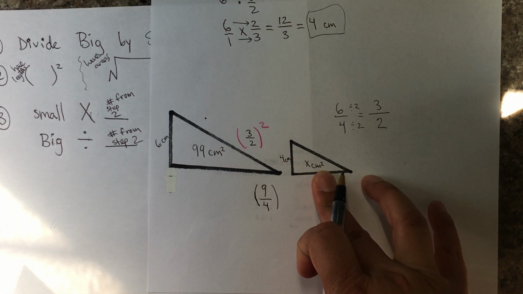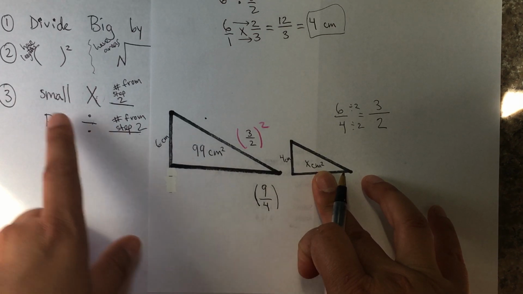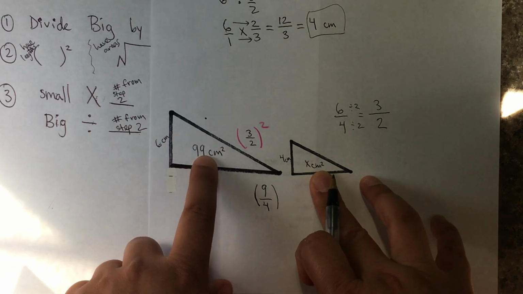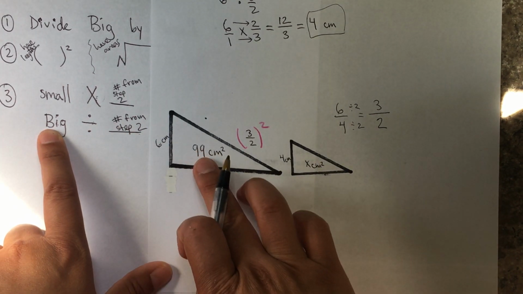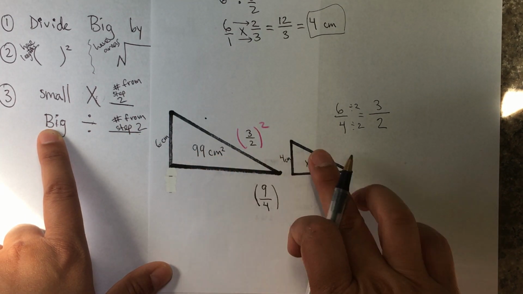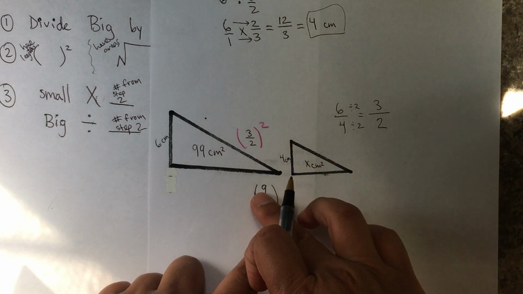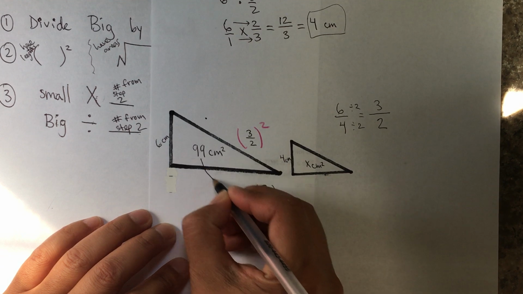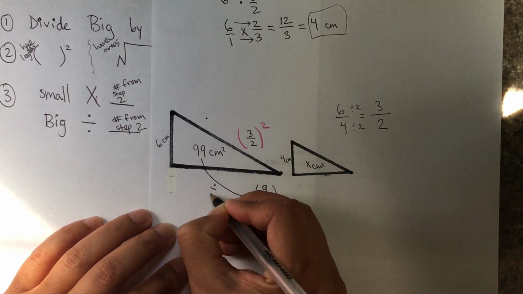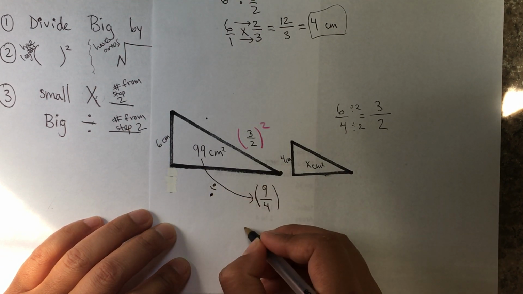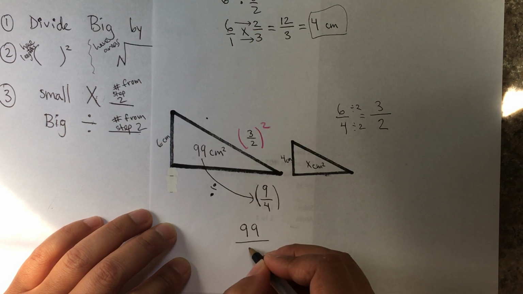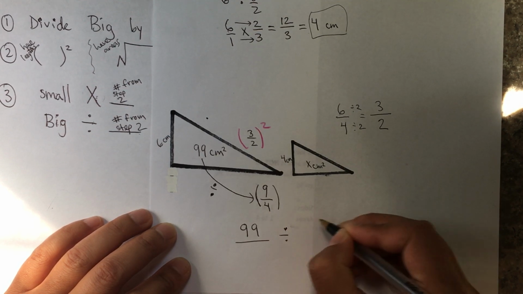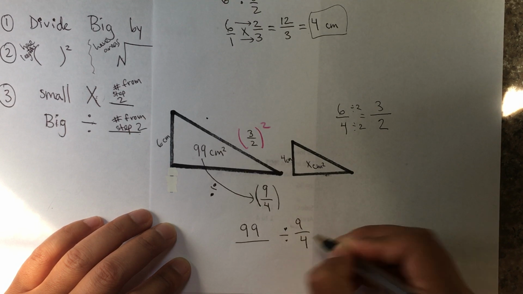The next step is to either multiply or divide. Well, I have the big area. If I had this one, then I would multiply. But since what I have is this one, I'm going to divide. And so 99 divided by 9/4.